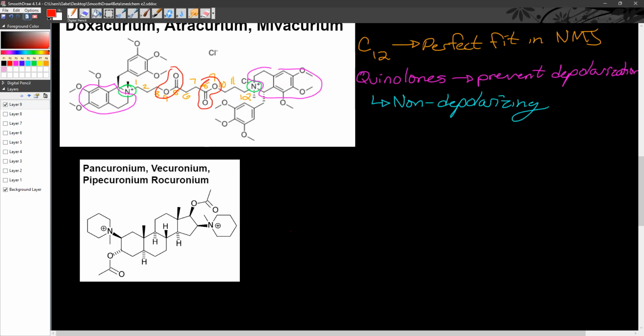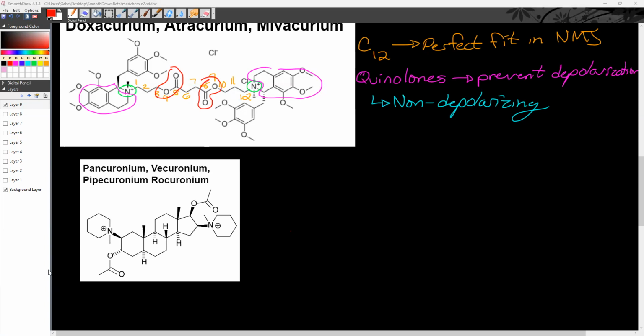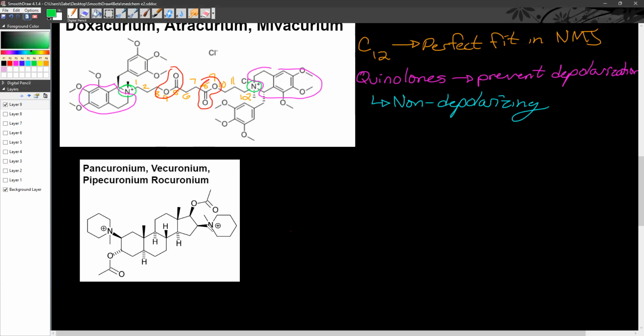So you might remember from organic chemistry that this four fused ring structure is a steroid backbone. Still have our N pluses, so we have N plus, act like acetylcholine. But instead, what we're using is a steroid backbone.